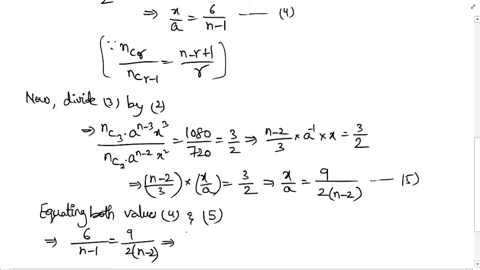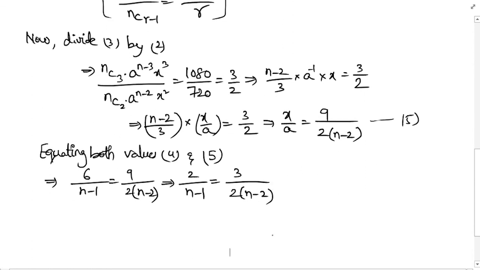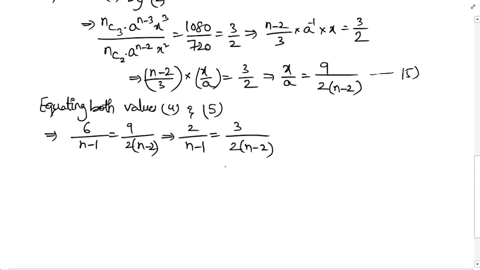That implies 2/(n-1) is equal to 3/(2(n-2)). So that implies 4n - 8 is equal to 3n - 3, that implies n is equal to 5.